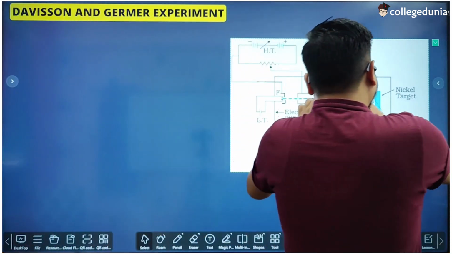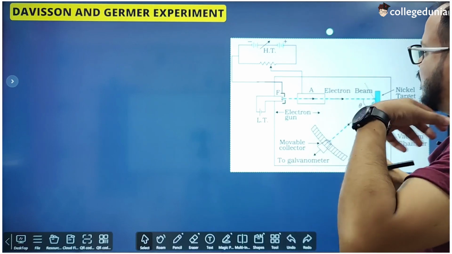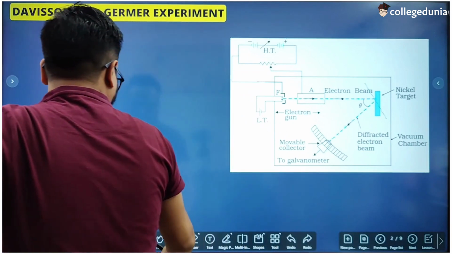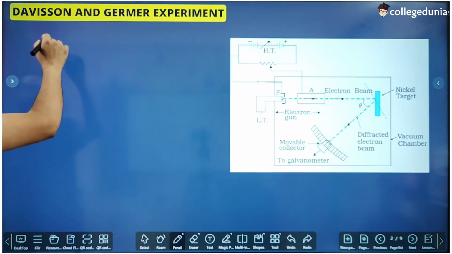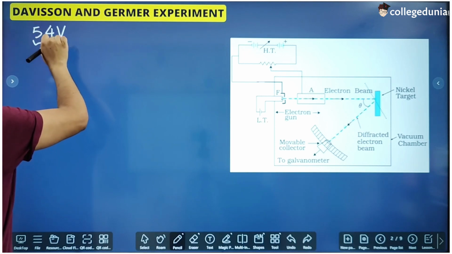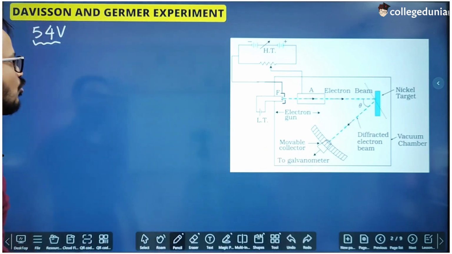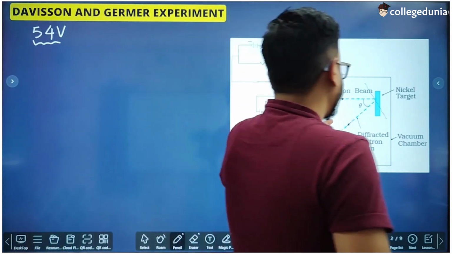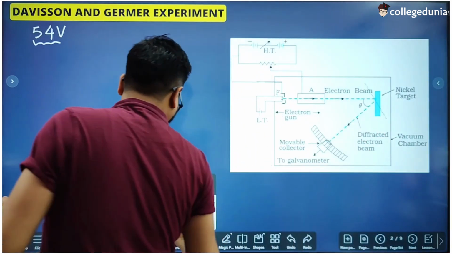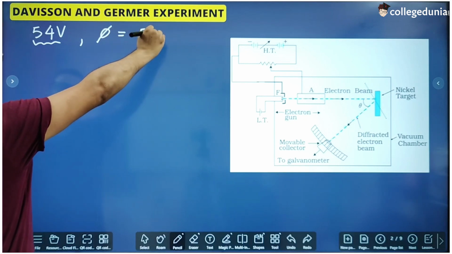Okay, so electrons got scattered in different directions, and they did this experiment at different voltages of anode and cathode. When the voltage between anode and cathode was kept as 54 volt, the maximum number of electrons observed were scattered at the angle 50 degree.